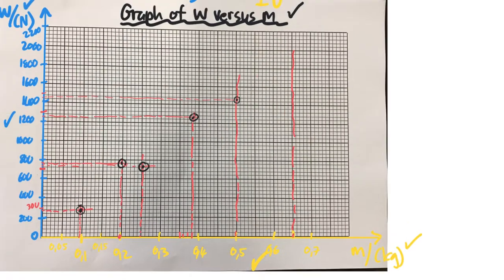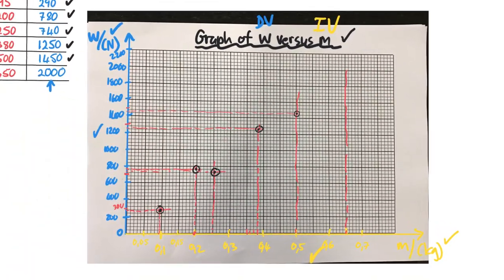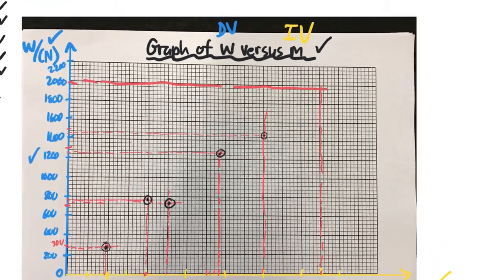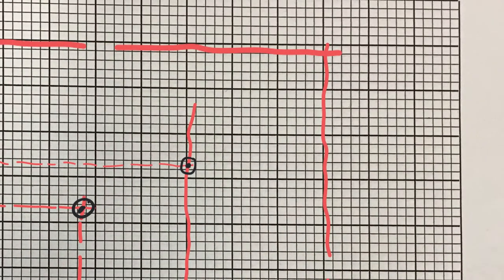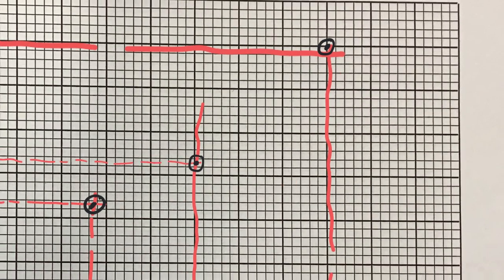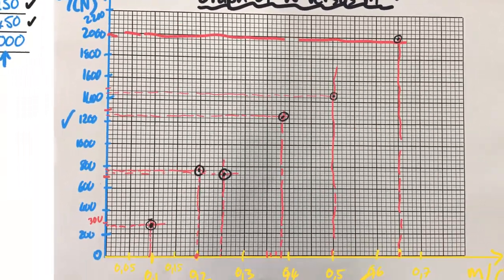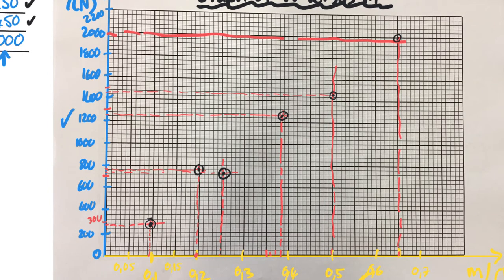And 2000 is along there. And so there is our data point. Maybe I should have gone a little bit further in. It should be there, where the two lines intersect. So we've plotted those points.